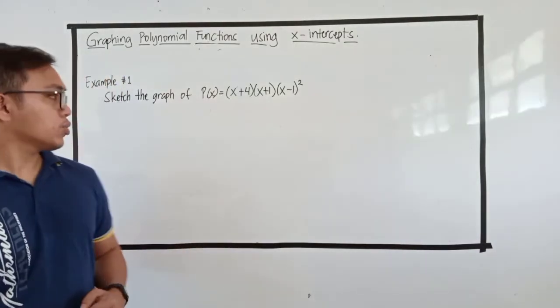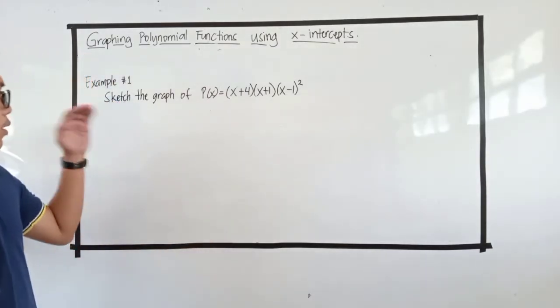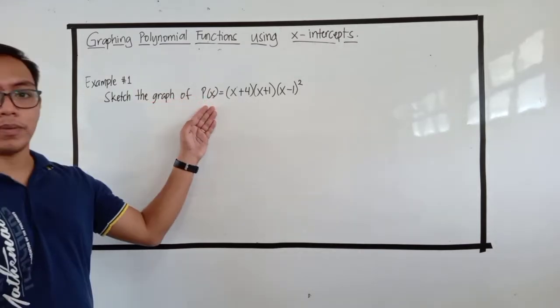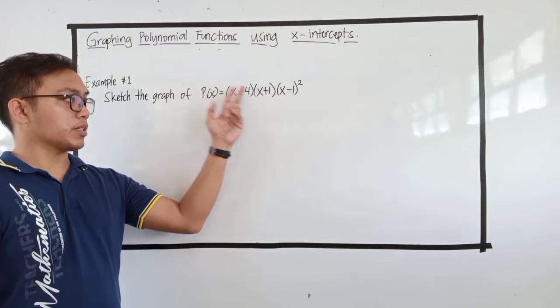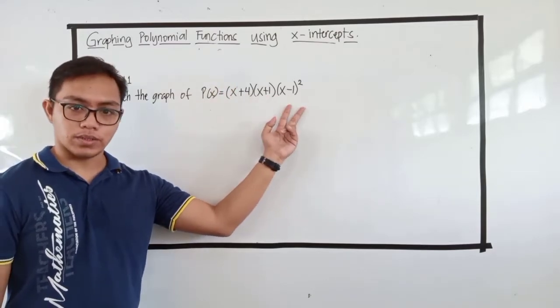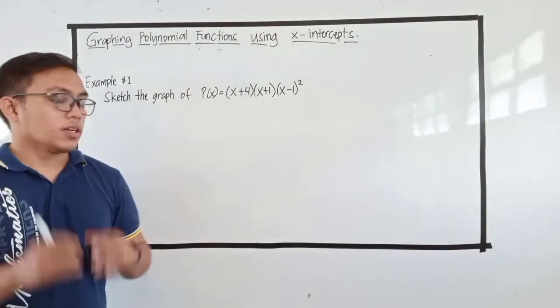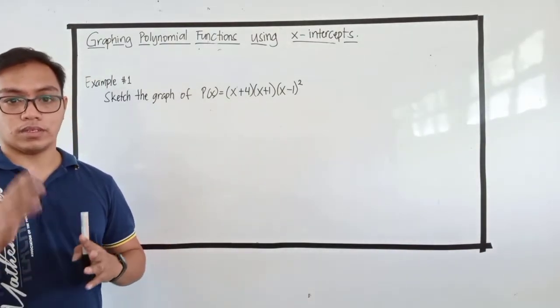Now, we are going to do that on our polynomial function. In our example number 1, it says, sketch the graph of p of x equals x plus 4 times x plus 1 times x minus 1 squared. In this case, our given is already in factored form.